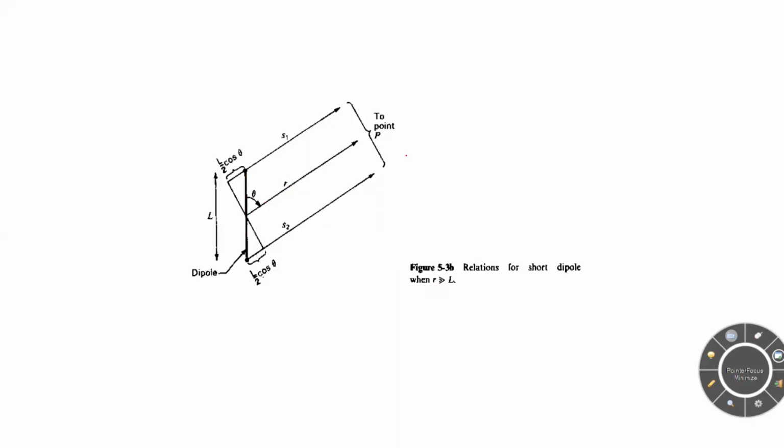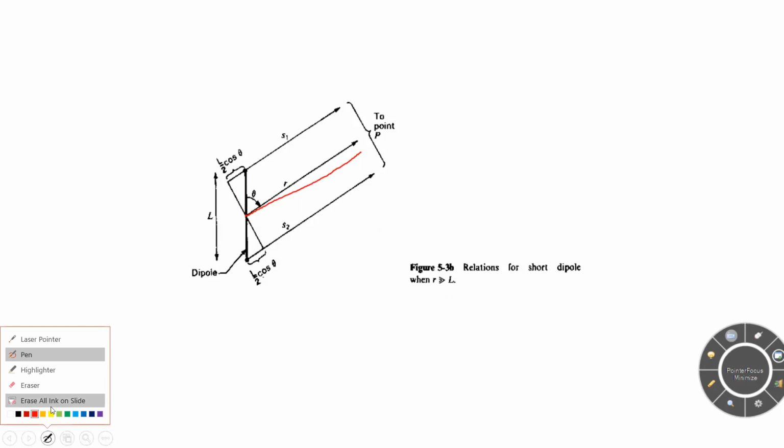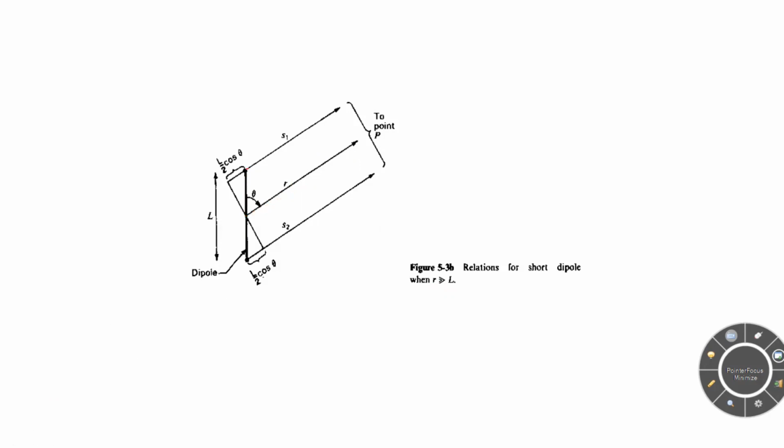So when observing from a far-off point, if this is the reference point, the field due to this point is leading compared to the field due to the midway point, and the field due to S2, this point, is lagging by L by 2.